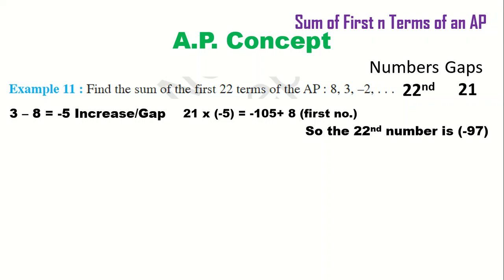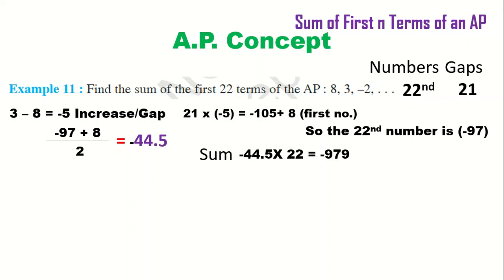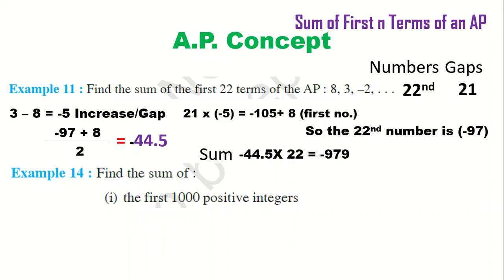Now you add minus 97 plus 8 and divide by 2 to get the middle number. Multiply the middle number with the total number 22, and you will get minus 979 as the sum of the whole series, because after 3 everything is a negative number, so you get a negative value here.